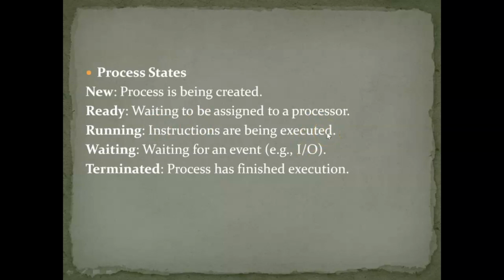Whatever is to be done will be given. That is your third stage. Next comes waiting. If you need some input or output, it waits for that. That is known as the waiting stage. Next one is terminated. After the process has finished its execution, it goes to the terminated stage. So basically the process goes through all these stages.